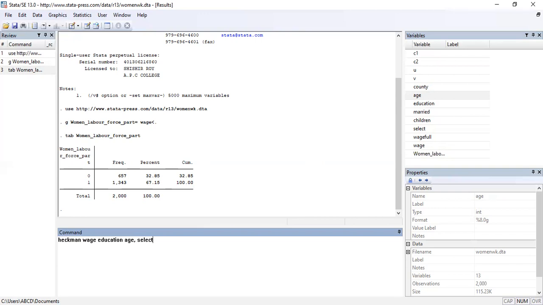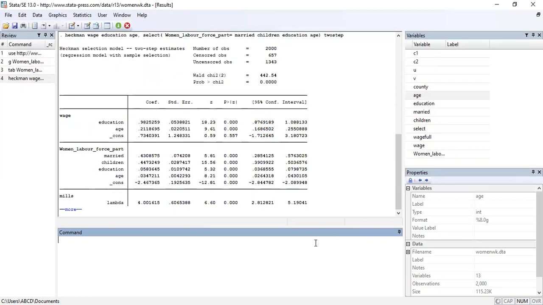The selection model is, in brackets, women labor force participation equal to married, children, education, and age. Then we will close the bracket, and add the option for the two-step Heckman selection model. Now we will press enter, and we will get the results.